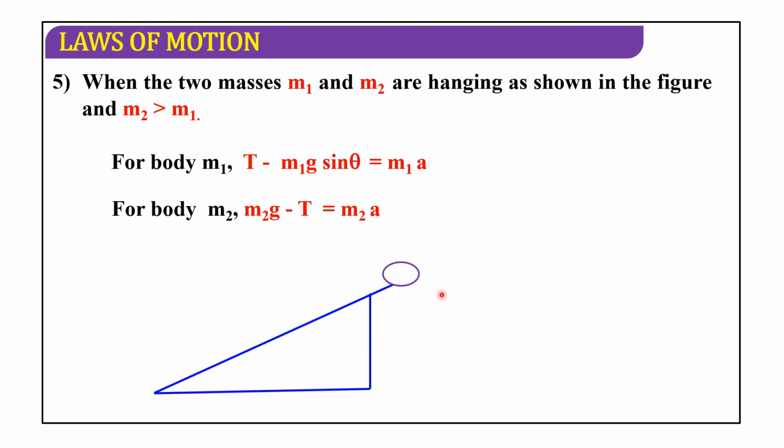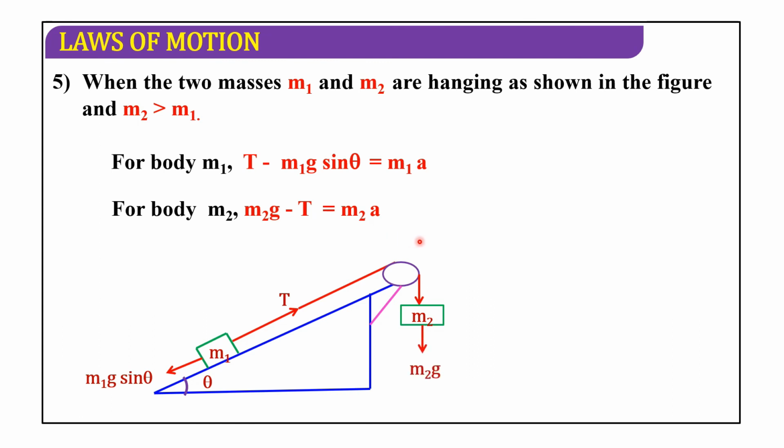Here two masses m1 and m2 are hanging, m2 is greater than m1, with angle theta. Acceleration is in this downward direction.